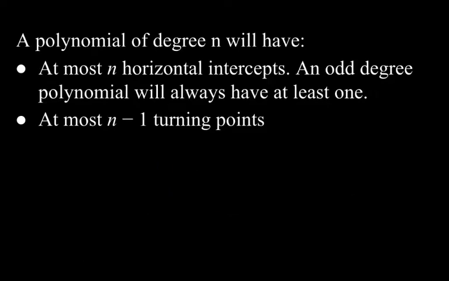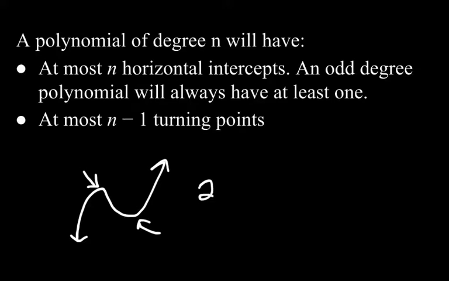The other thing is that if the function has a degree of n, it will have at most n minus 1 turning points. And when we talk about turning points, we're talking about things like this. This would be a turning point, and this would be a turning point.